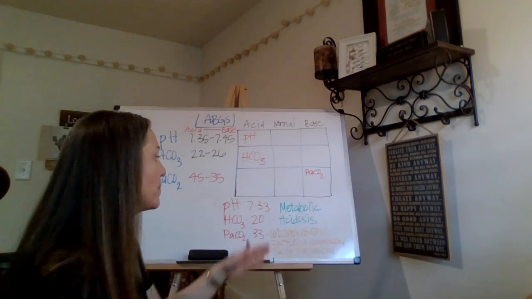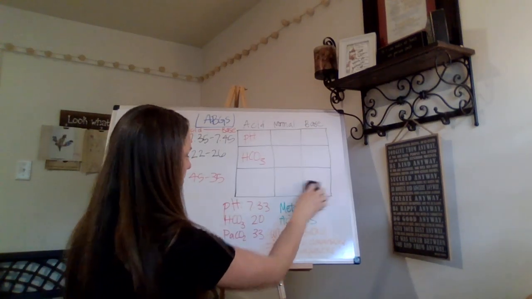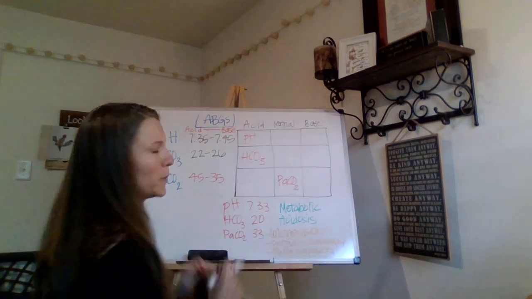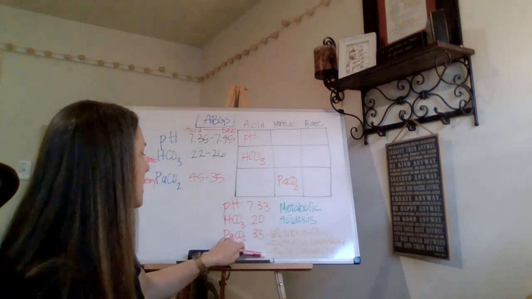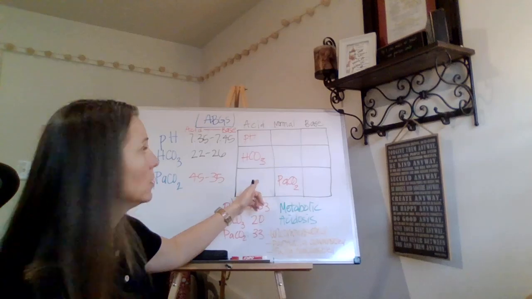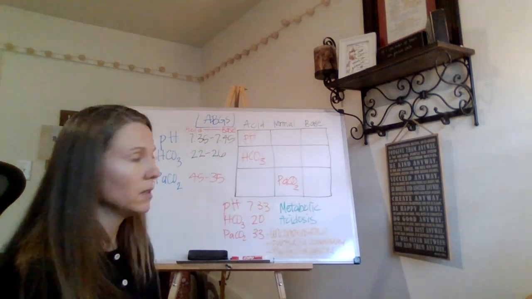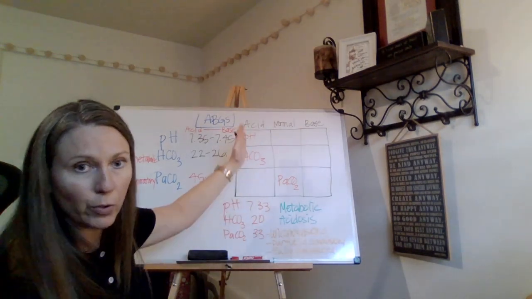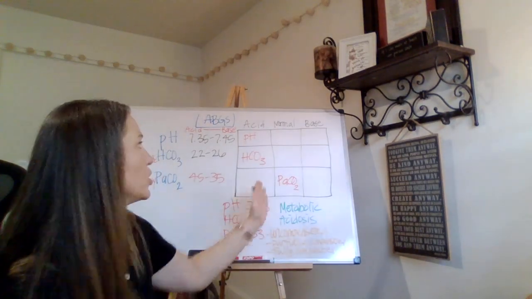Now, how do I know if something is uncompensated? Let's pretend the PaCO2 is in the middle. If HCO3 or PaCO2 is in the middle and pH is not normal, that is uncompensated, because the opposite one that is not lined up with pH is not doing anything to help compensate.